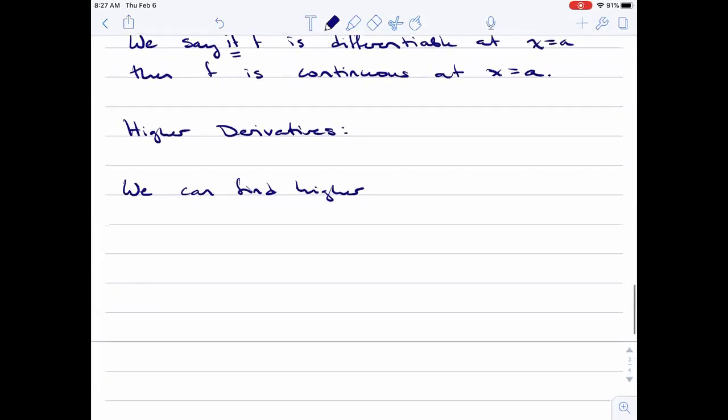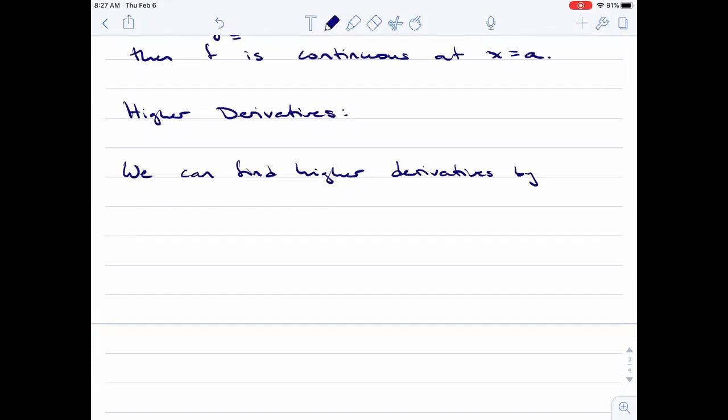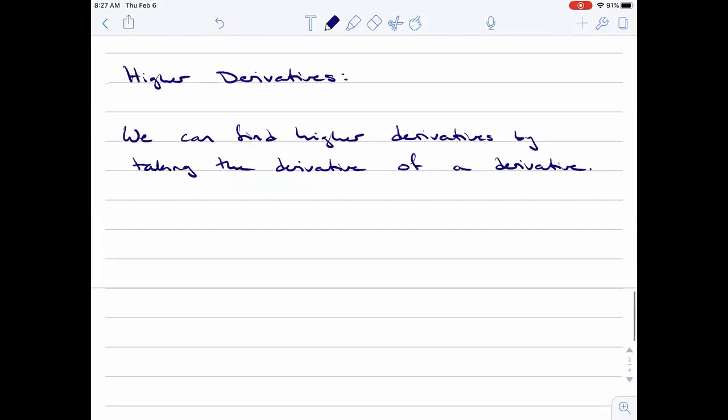We can find higher derivatives by taking the derivative of a derivative. So for example, if we start with f of x and we differentiate, we end up at f prime of x.